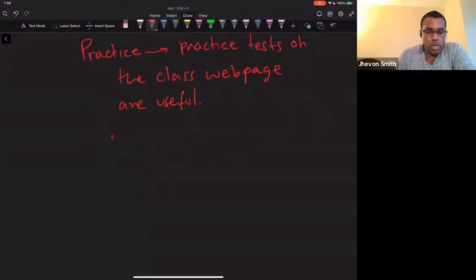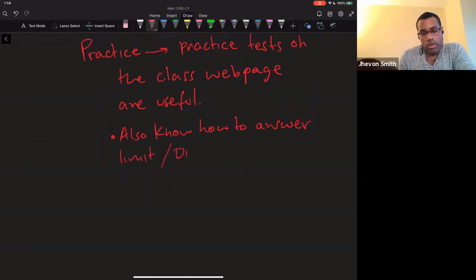So also know how to answer limit and derivative questions from pictures.